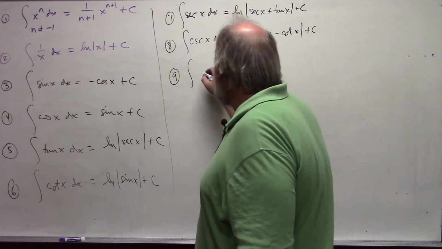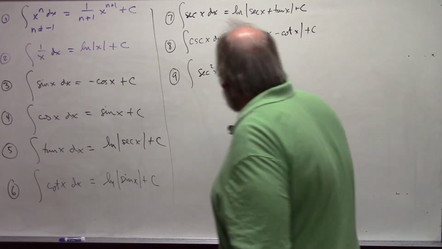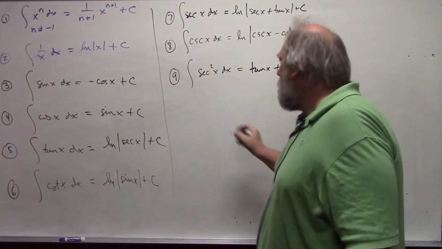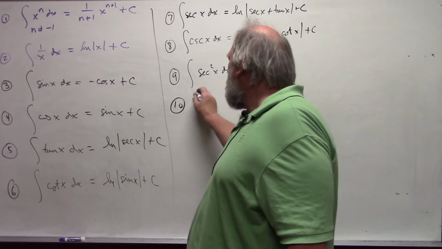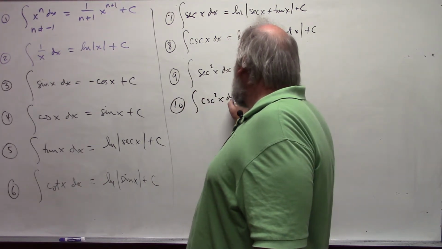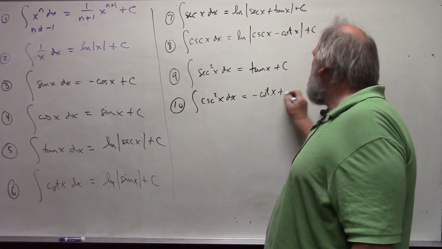So we'll keep these with the trig derivatives. For example, the antiderivative of secant squared of x is tangent of x plus c. The antiderivative of cosecant squared of x is negative cotangent of x plus c.